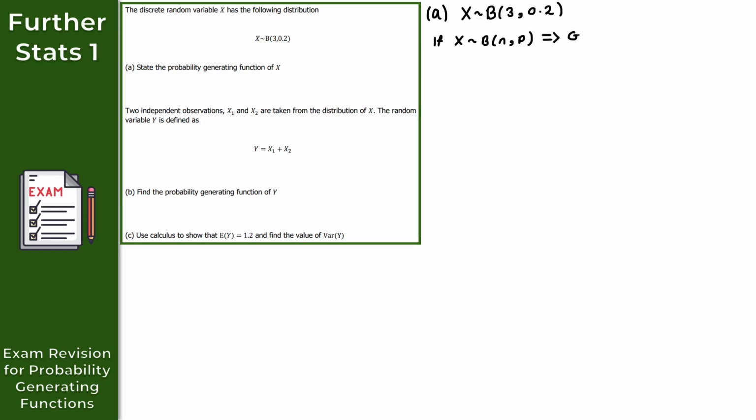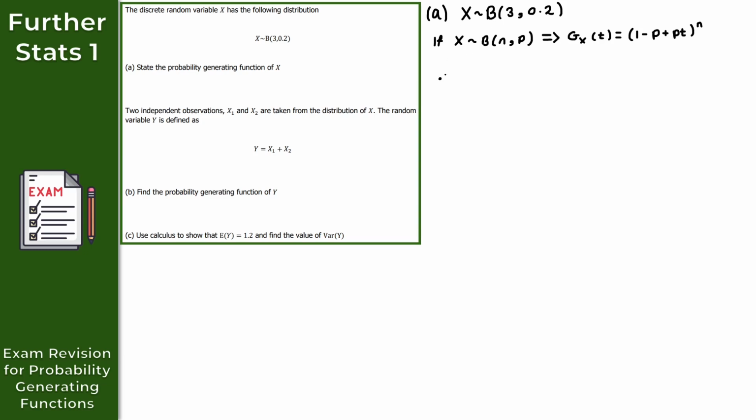So g of x in terms of t is equal to 1 minus p plus pt to the power of n here.